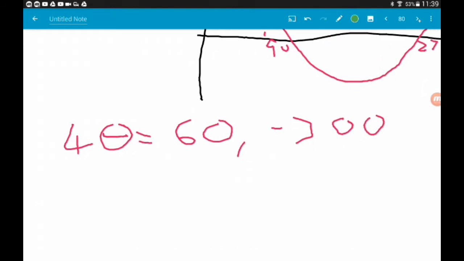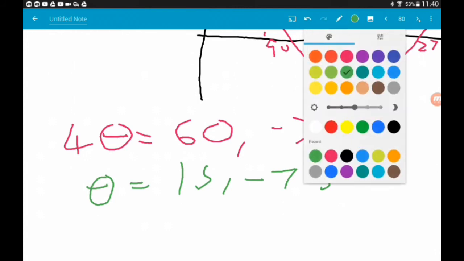So to get our values for theta, we divide them by 4. So we will get theta is 15 degrees and minus 75 degrees. So that are two values for theta in our interval, minus 90 to 90.